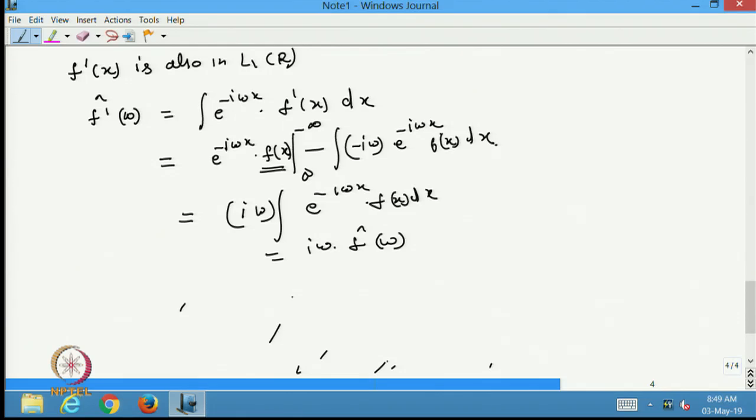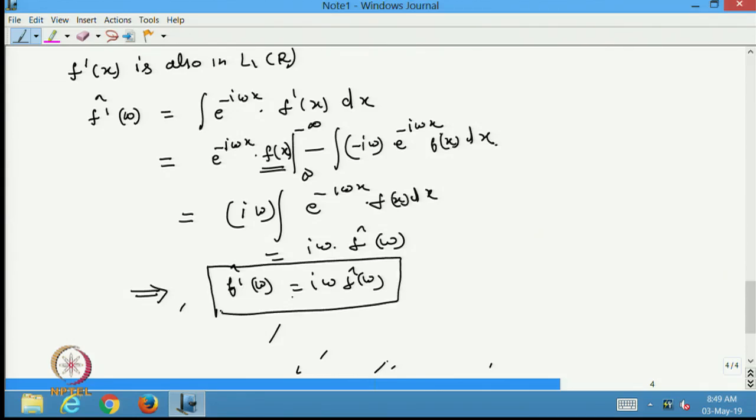So, in a nutshell, this is a famous property of the Fourier transform.